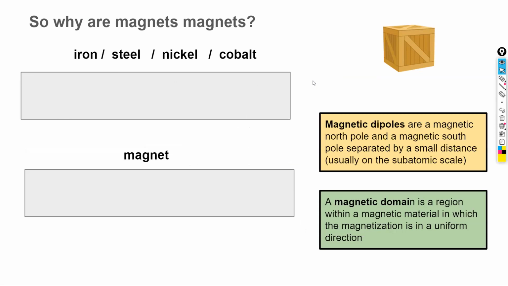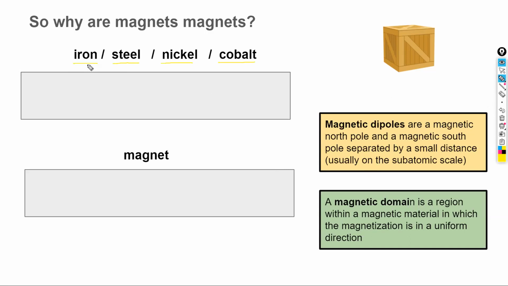First of all, there are 4 materials on the CSEC syllabus that are attracted to magnets. Usually when people say which metals are attracted to magnets, most people just say iron. But steel, nickel, and cobalt, all of them are attracted to what?